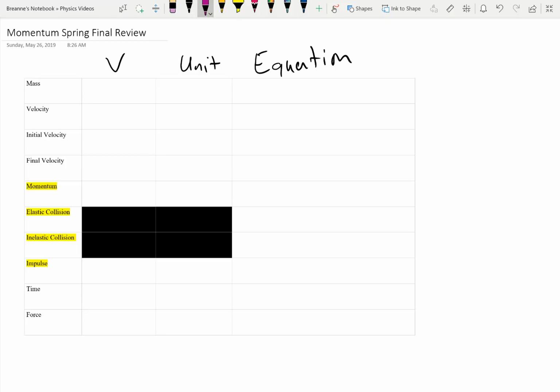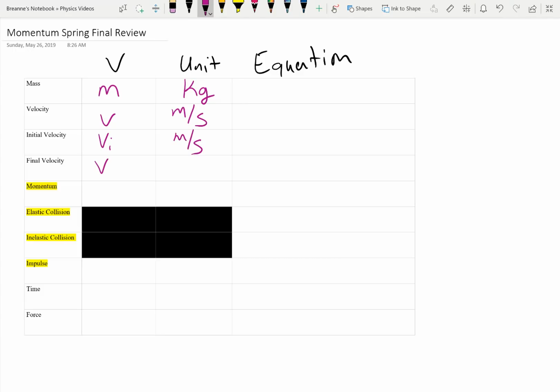So let's just go through them real quick. Mass is represented with an M, measured in kilograms. Velocity is represented with a V, measured in meters per second. Initial velocity is represented with a VI, still measured in meters per second.